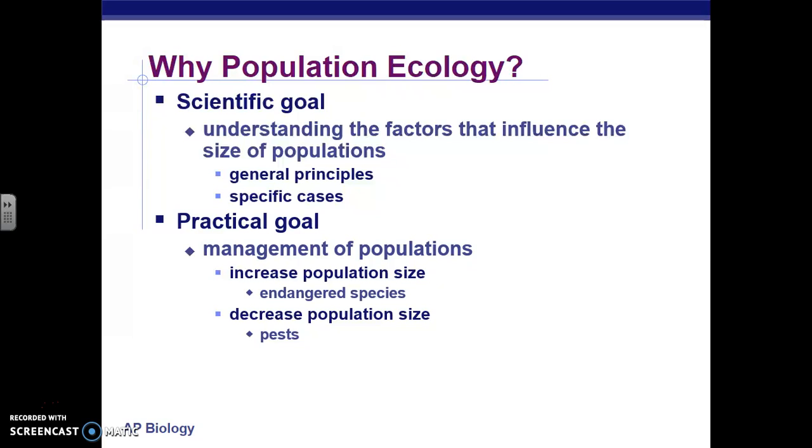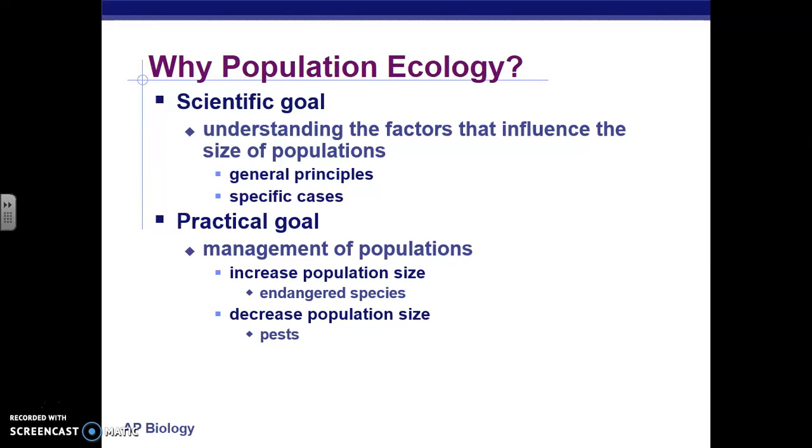Another example is deer. Deer have overpopulated areas, especially down south, and governments have developed measures to control the deer population. Every once in a while, you'll also have infestations of pests. When I was a kid, there was this infestation of something called gypsy moth caterpillars, and they were everywhere.